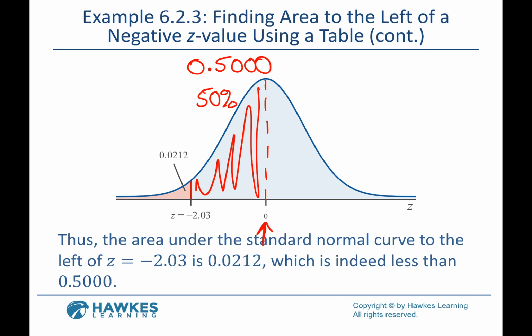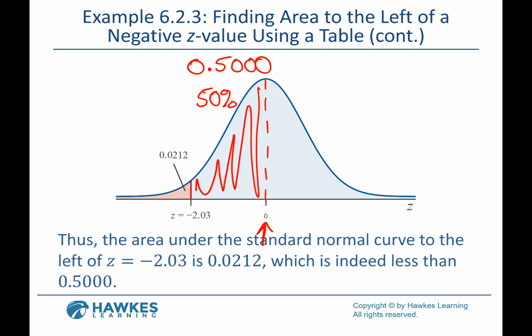Okay. So what I'm saying as a sanity check is that since this one was over here on the left, we knew we were going to have less than half the area as our answer. So if we'd ended up with 0.8 or something, we would know that we messed up somewhere because we're expecting less than 0.5.